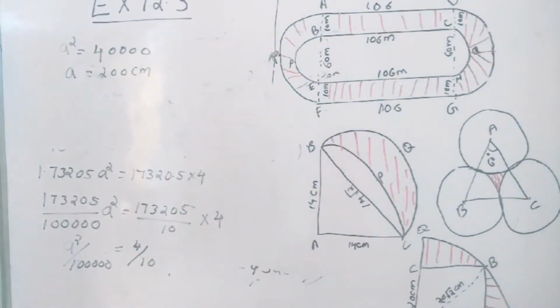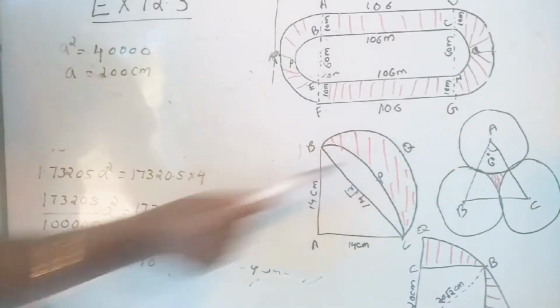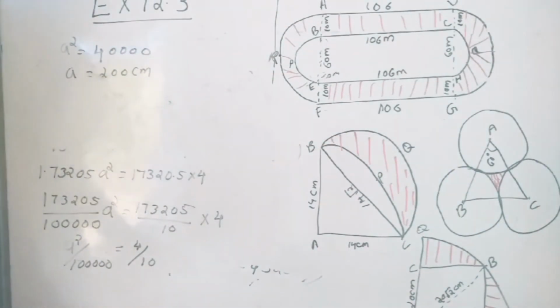Now, we need to find the area of the shaded region. What is the area of the shaded region? This is a sector subtended angle 60 degree.